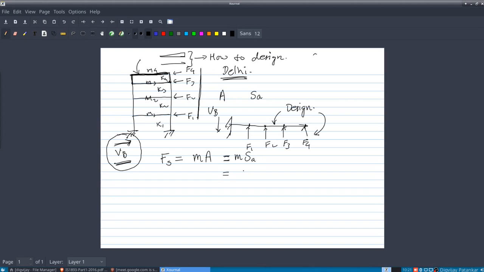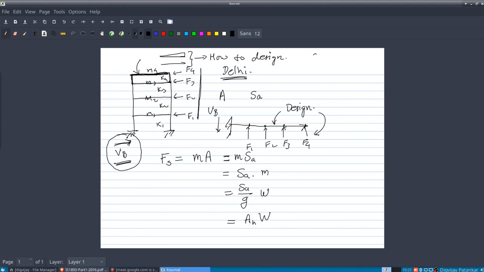Now let us rewrite it as SA times M, and instead of mass I want to make it as weight. So SA by g, mg, which is weight. So this SA by g and some more factors will come over here, that I call, let us say, AH into W, seismic weight.